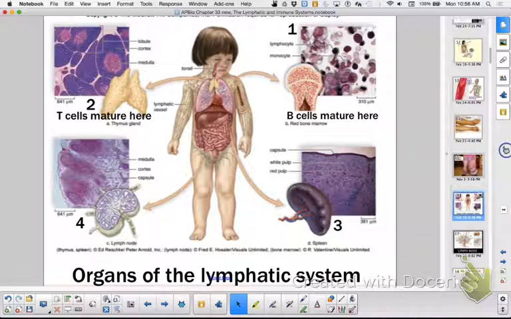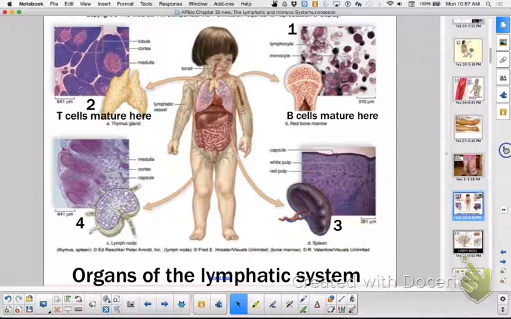From your bone marrow come all of your blood cells, all of your formed elements. What are your formed elements in your blood? Red blood cells, white blood cells, platelets. They all come from your bone marrow stem cells. Those are sitting in what? Starts with a P. Plasma.